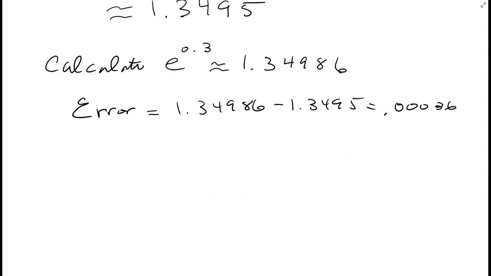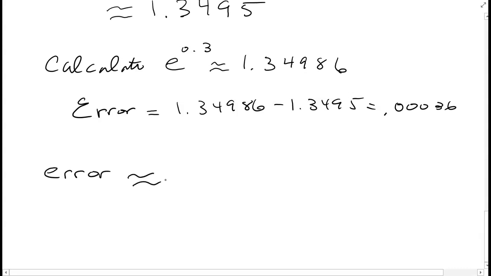So here's a theorem that states that your error is approximately equal to f^(n+1)(a) over (n+1) factorial times (x minus a) to the n plus 1. Well, what do we mean by n plus 1?